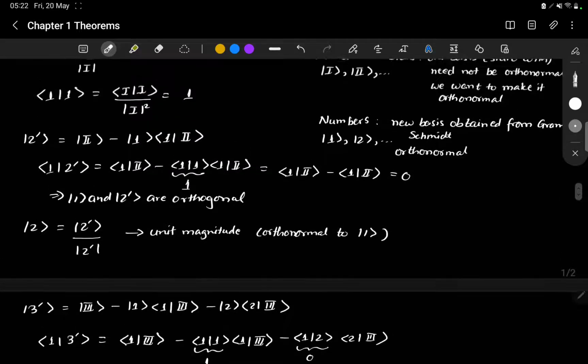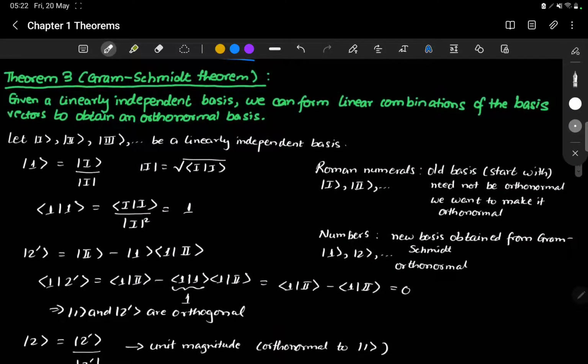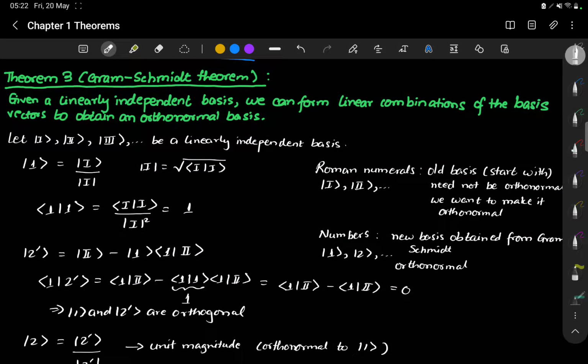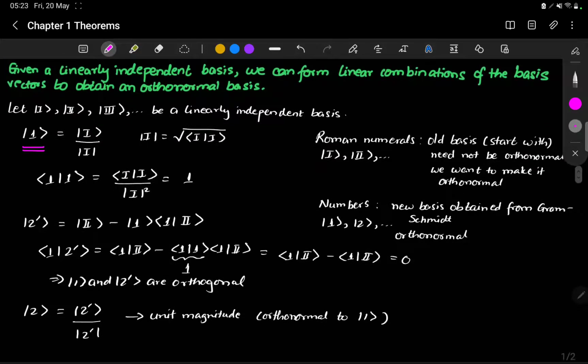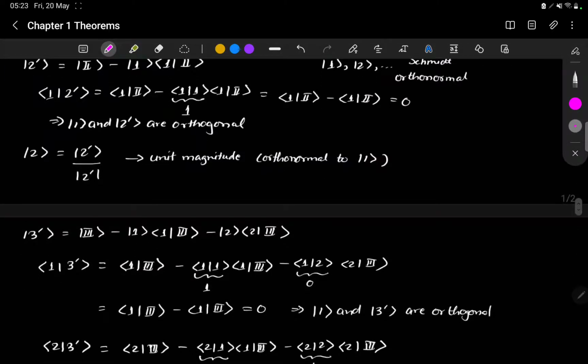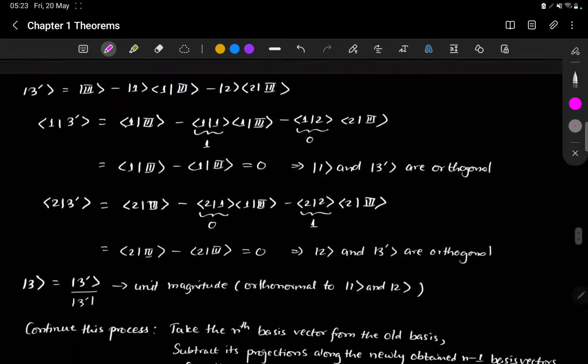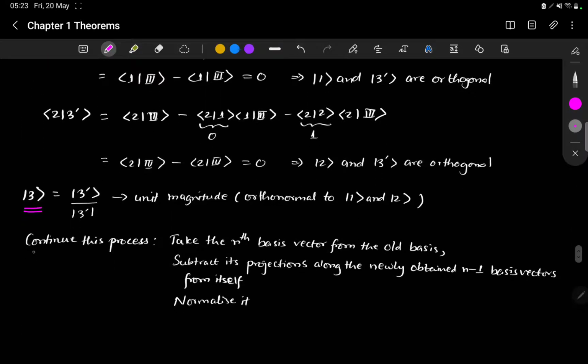So we have proved this Gram-Schmidt orthonormalization process, which is basically a mathematical construction to obtain orthonormal basis vectors. Our new vectors are given by this process, and this is how we will obtain them.